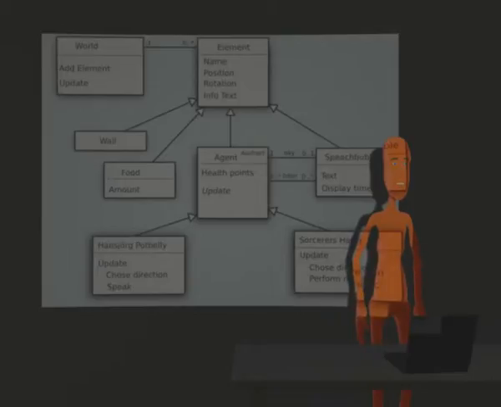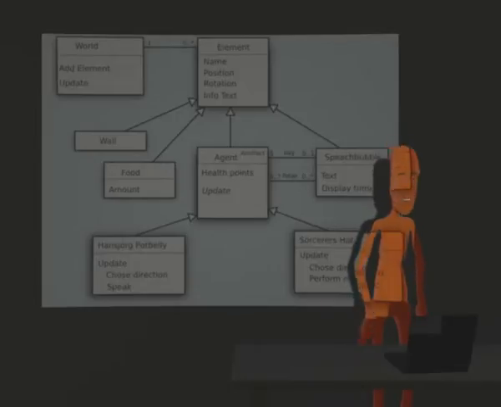The class Hans Jauer and Potbelly is an example class, which inherits from agent and defines the missing update method. The class Sorcerer's Hat works in the same way. It just has another definition of the update method to make it act differently than Hans Jauer and Potbelly. The agent class also has two types of relationships with the speech bubble class. One points to the speech bubble it says, and the other to the ones it hears.